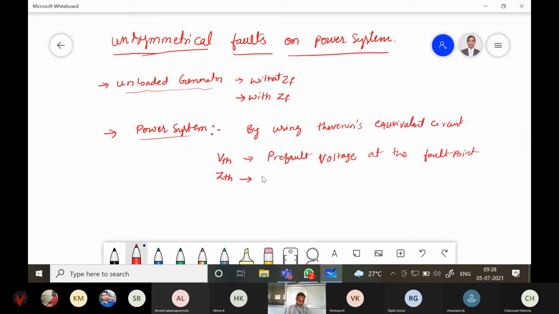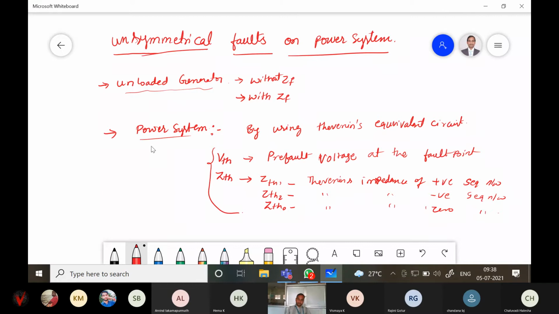Again we have ZTH1, ZTH2 and ZTH0: the Thevenin impedance of the positive sequence network, of the negative sequence network, and of the zero sequence network, ZTH0. So we need to calculate these whenever a fault occurs on the power system.